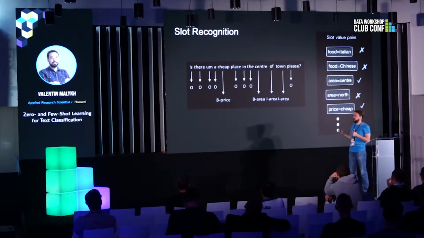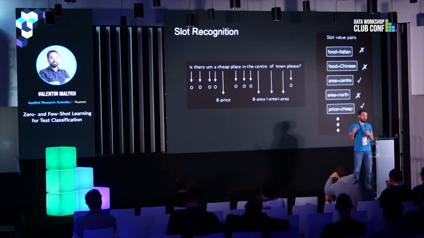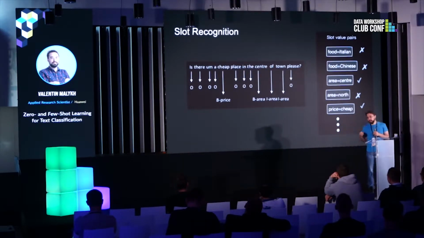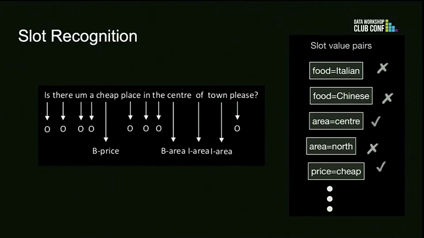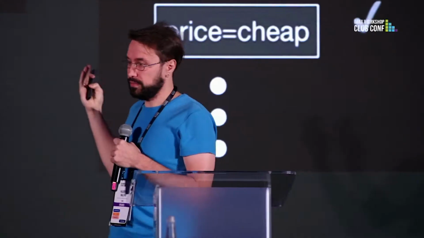The second part is also really important, and it could be more difficult than the first part. I'll explain how. The idea here is that if we have this cheap price and we know that there is price cheap in our representation, in our vocabulary, then everything is nice.